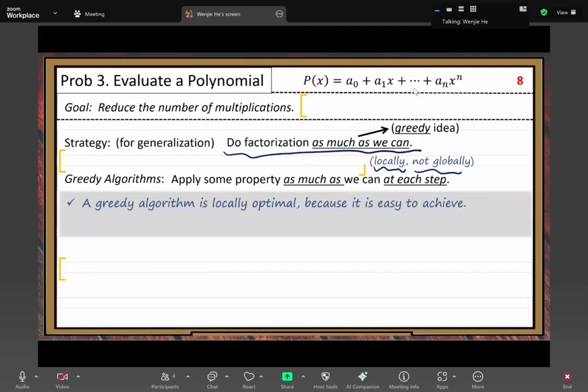Why do we apply the greedy strategy locally, not globally? The reason is very simple. Applying the greedy strategy locally is easy. Applying it globally, covering all the steps, is too hard.